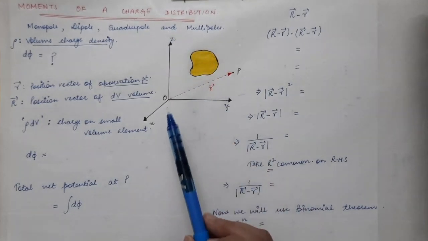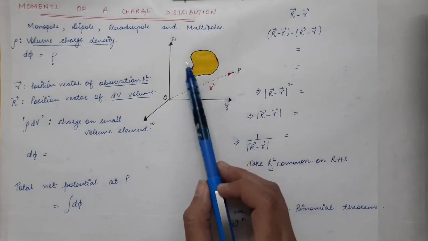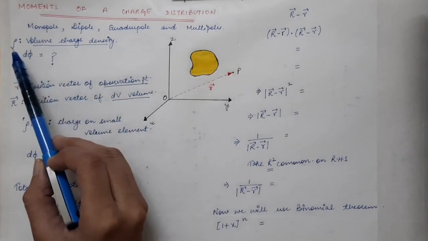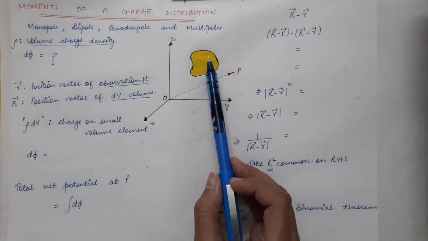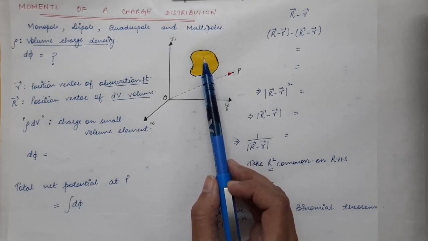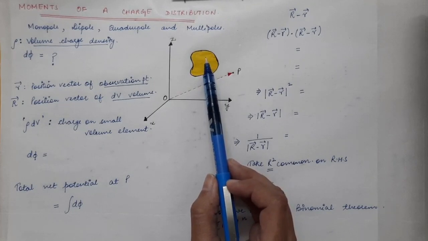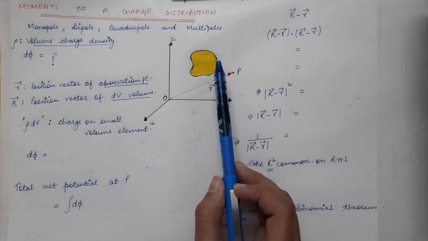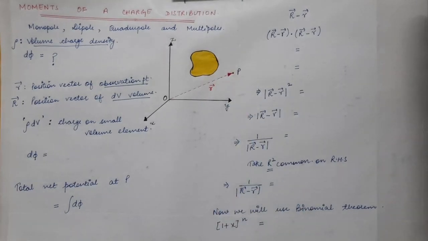In this article we will find the potential at point P due to this distribution of charge whose volume charge density is rho. First we will take a small volume element in this charge distribution, find the potential due to that small volume element at point P, and then integrate. That will give us the total potential at the observation point.